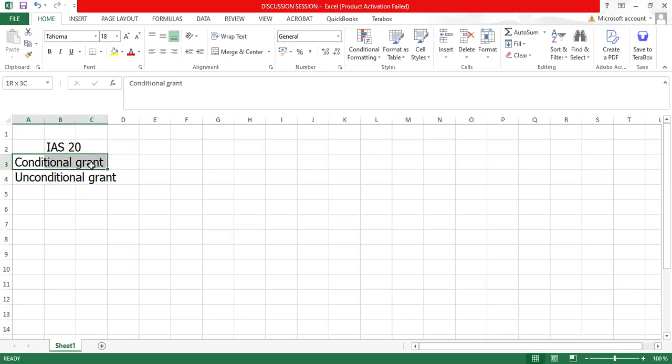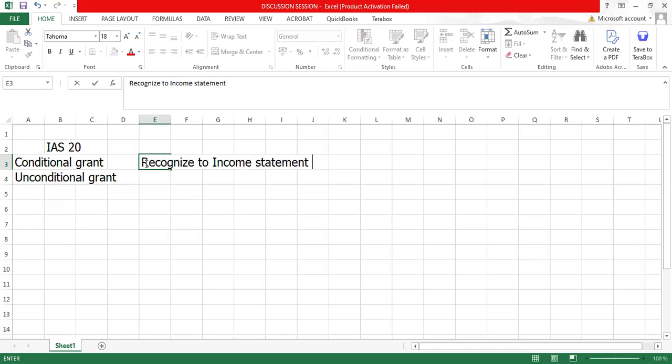It's very, very key. Here you recognize income in the income statement when conditions have been fulfilled. That's with the conditional grant.